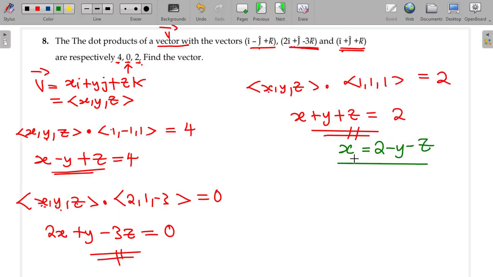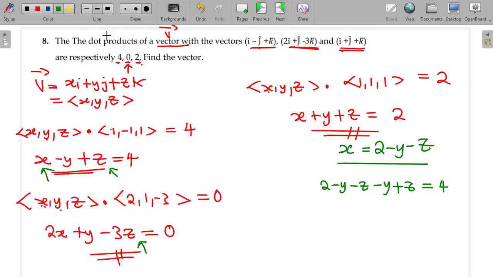Then I'll take this x and substitute it into this equation and into that equation there. So I start with this one. When I replace the x there, I'm replacing this x here with this, so that will be 2 minus y minus z. This has replaced the x. And then I have minus y plus z is equal to 4.